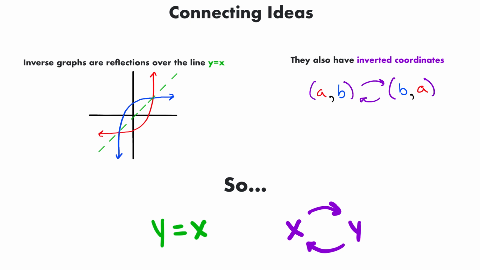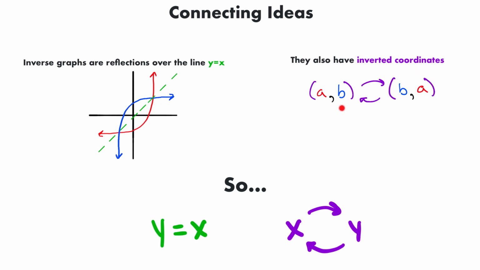So when we did inverse functions graphically, we noticed a few features. One of the features that we notice is that a function and its inverse are reflections over the line y equals x. We also noticed that all of the coordinates for the function and its inverse were inverted. That is to say, if you have the coordinate a comma b for the original function, then there by default had to be a coordinate b comma a for the inverse.